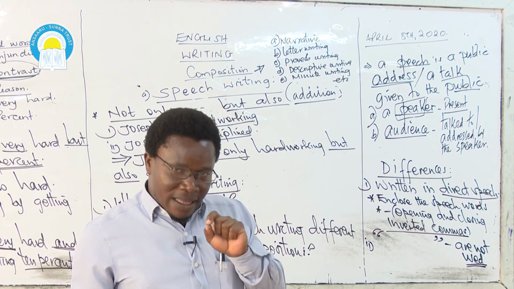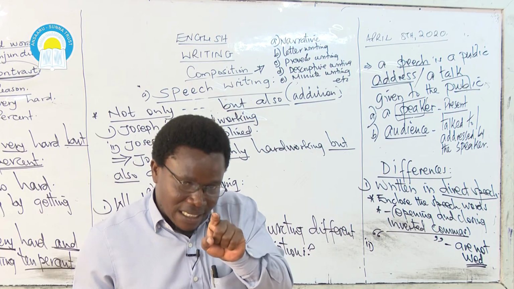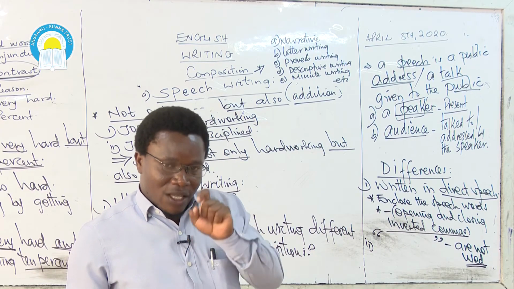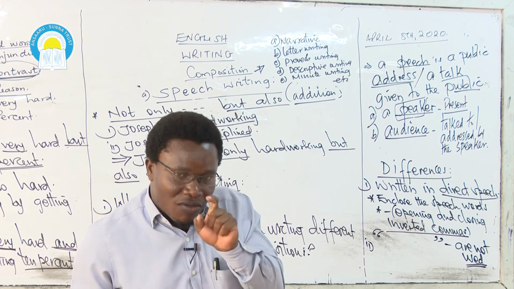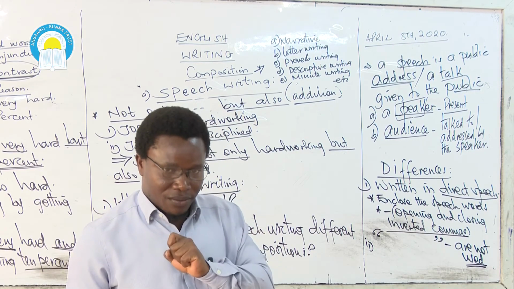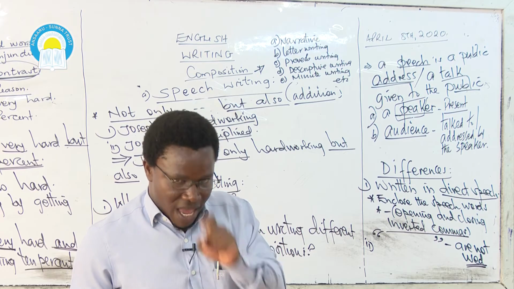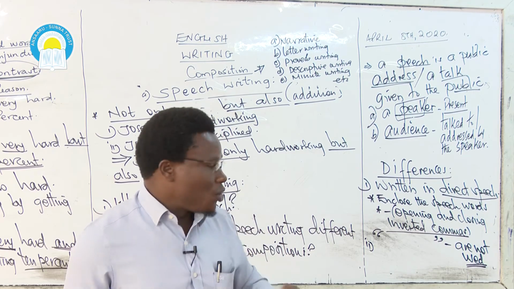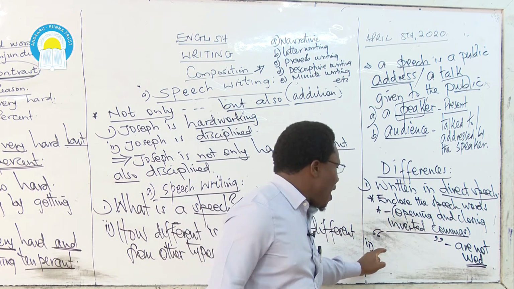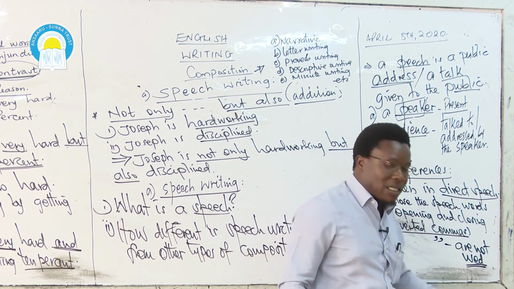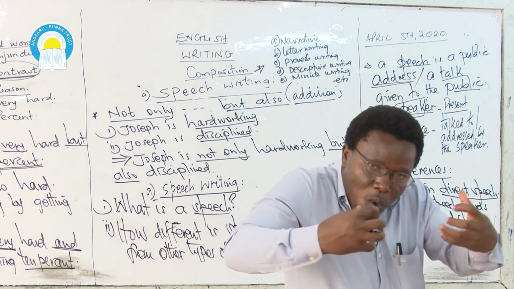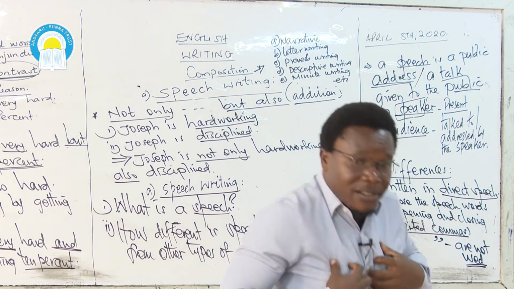If you are the speaker as a candidate, you are the one giving a speech in the capacity of a given person, then you don't use opening and closing inverted commas, because you cannot quote your own words.